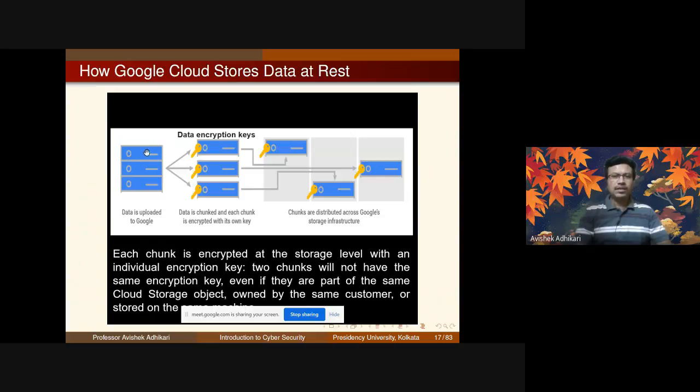First, it is chopped, or sliced into 3 pieces, and each of these pieces is encrypted by 3 different keys. Even for the same data, for each individual chunk, these keys will be different. And then each of the encrypted pieces is stored separately at different servers of Google.